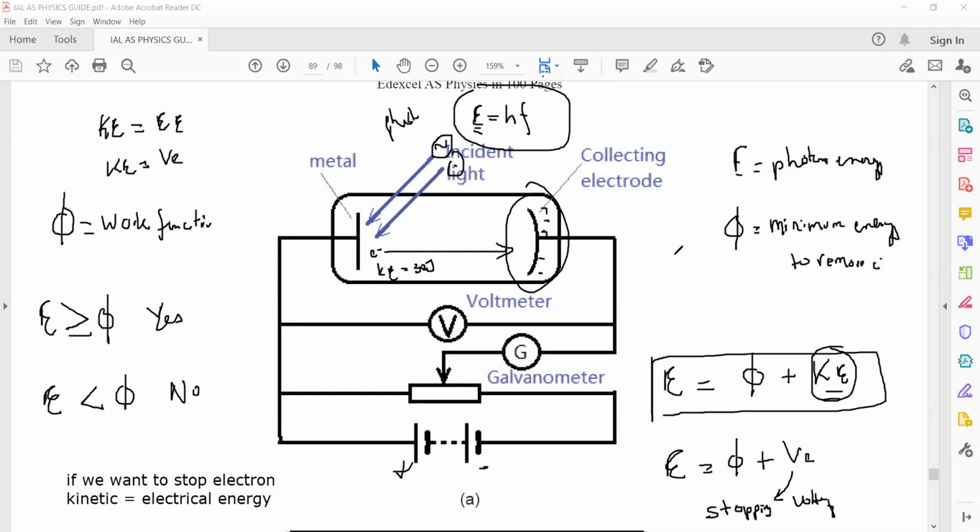So kinetic energy must be equal to electrical energy, where kinetic energy is half mv squared and electrical energy is voltage into charge. The voltage which can stop the electron completely, we call the stopping voltage or stopping potential. Is it clear?